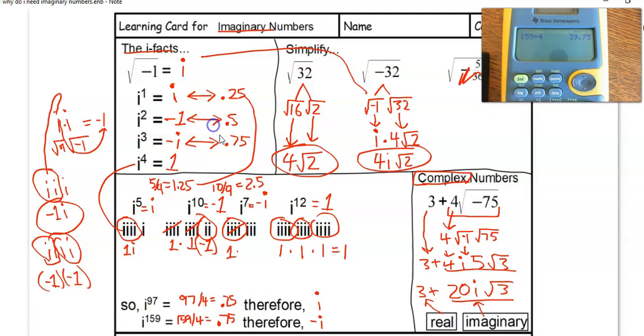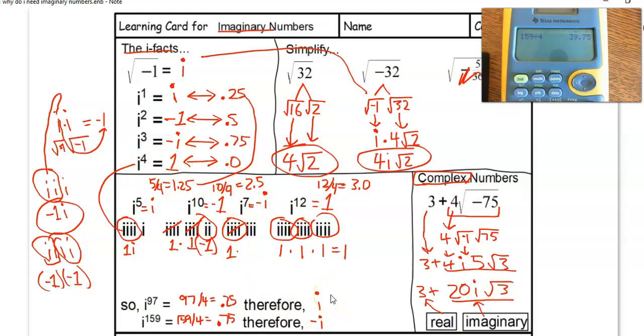That's 2 left over out of 4. So anytime you see 0.5, you know it's -1. This 12, if I would have done 12 divided by 4, I would have ended up with 3.0. Of course, the calculator's not going to show the 0.0, but anytime you have a whole number when you divide by 4, it's like nothing left over, and that means your answer is just a bunch of i to the 4th, or just 1.